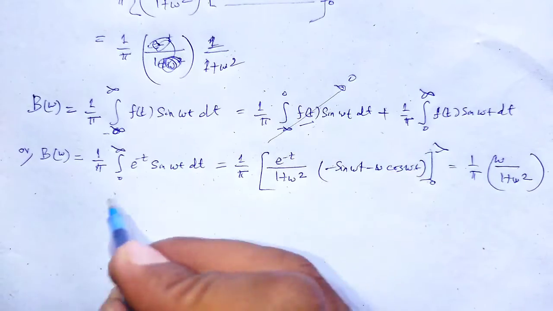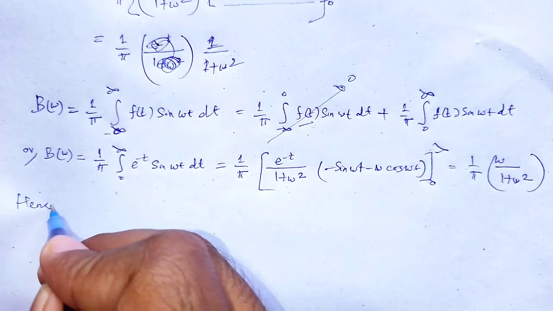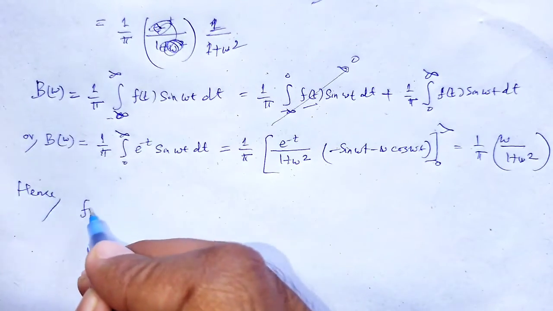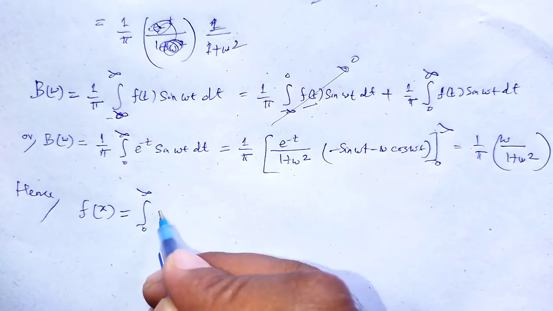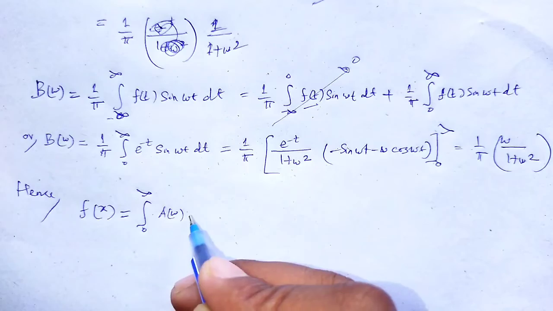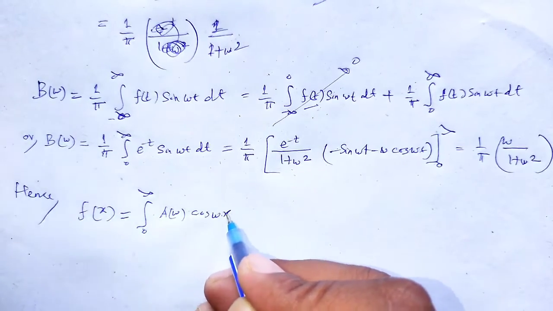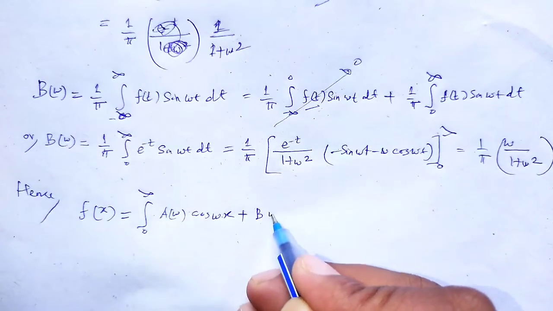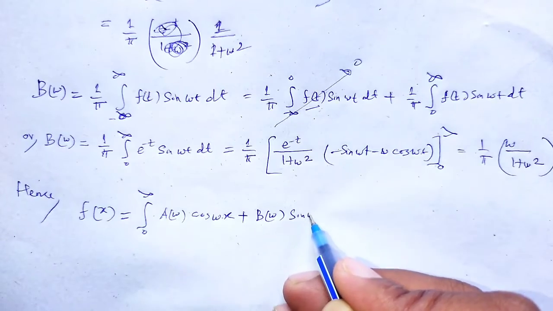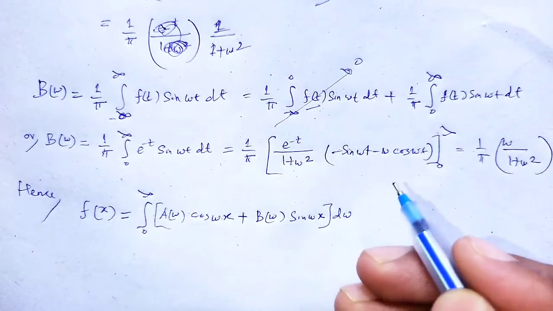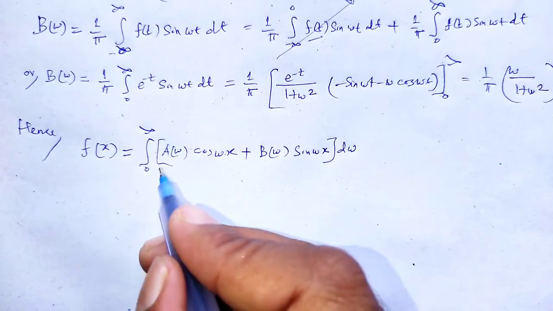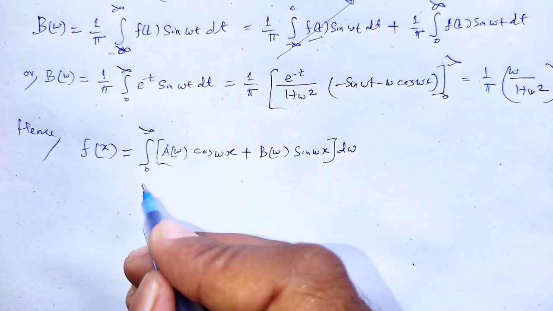Now, the Fourier integral representation f of x is equal to the integral from 0 to infinity of a of omega cos omega x plus b of omega sin omega x, with respect to d omega. The values of a omega and b omega are put here.